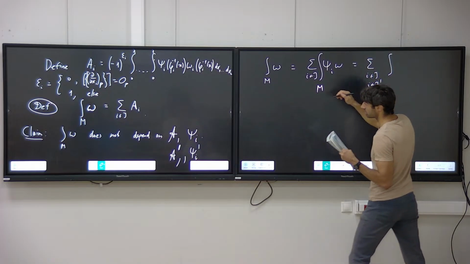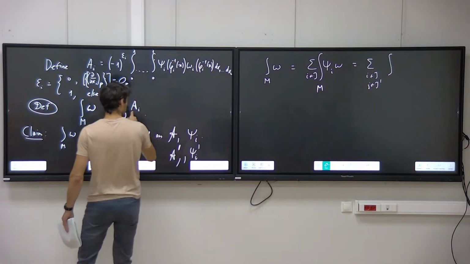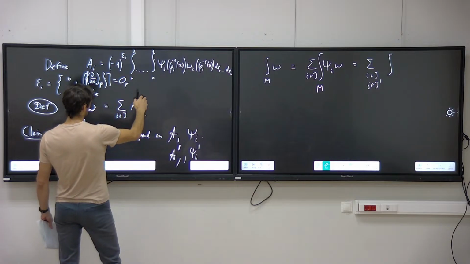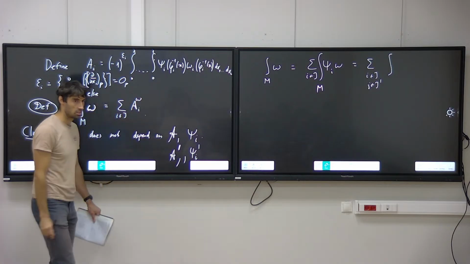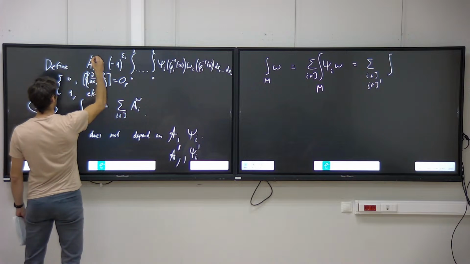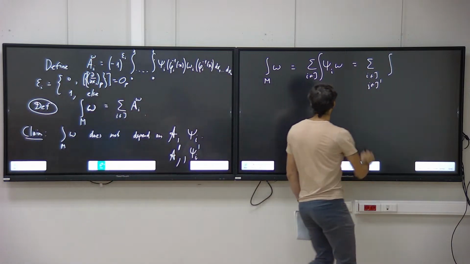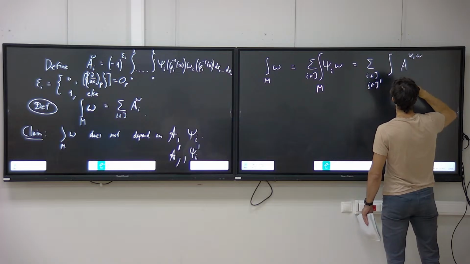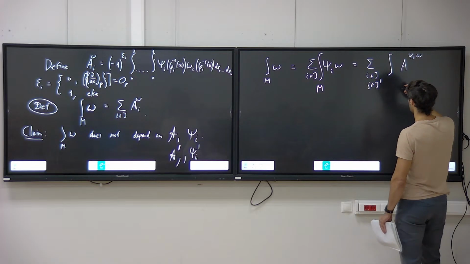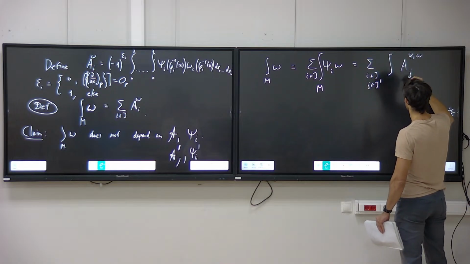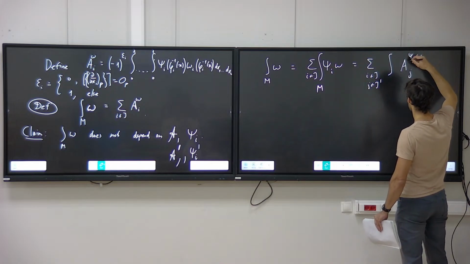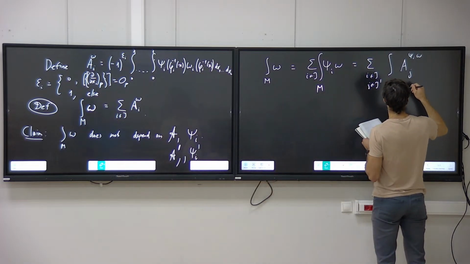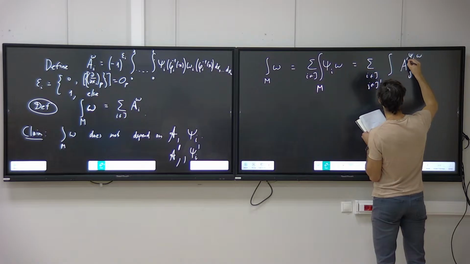Then I have these numbers ai. So ai corresponding to a form, and I write a J corresponding to psi I omega, but with this data. I denote it somehow with a prime.